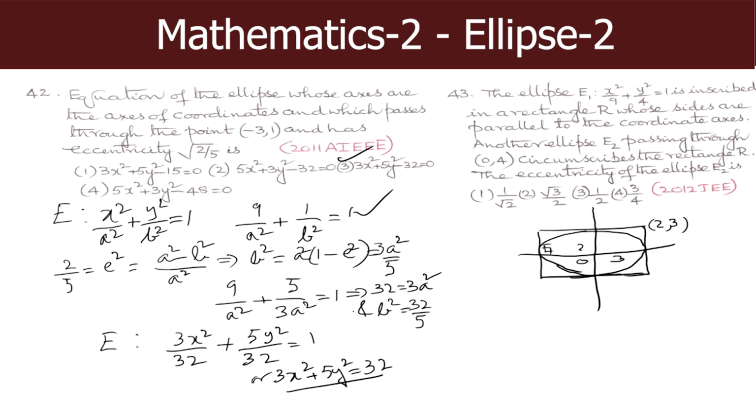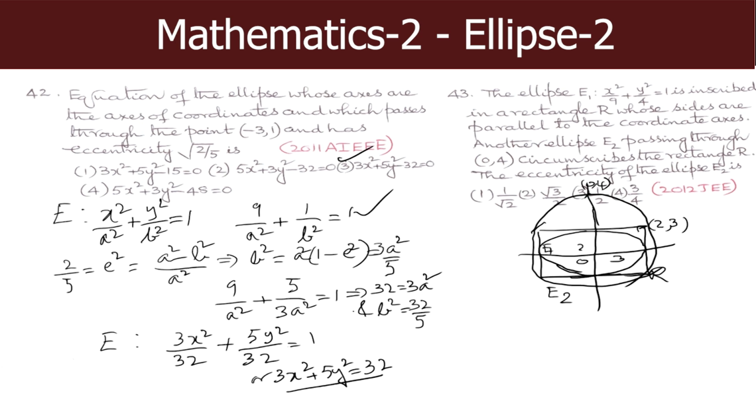Another ellipse E2 passing through (0, 4) circumscribes the rectangle R. This is the rectangle R, like this, passing through (0, 4), this is (0, 4). Therefore, this is E2. What is the eccentricity of E2?